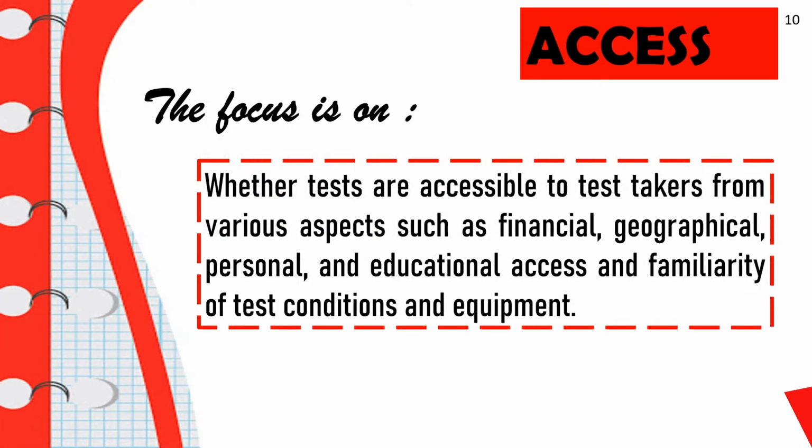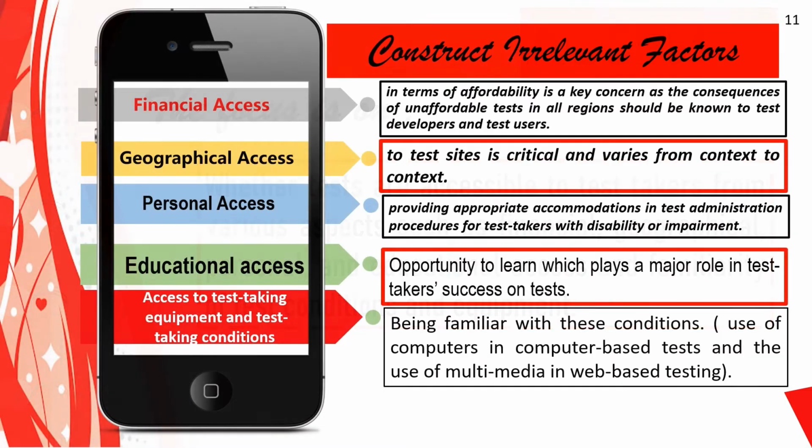For access, the focus is on whether tests are accessible to test takers from various aspects such as financial, geographical, personal, and educational access and familiarity with test conditions and equipment. For financial access, affordability is the key concern, as the consequences of unaffordable tests in all regions should be known to test developers and test users. Geographical access to test sites is critical and varies from context to context.